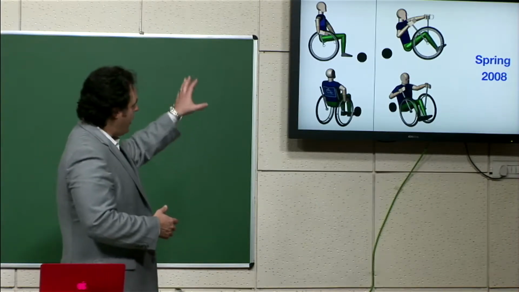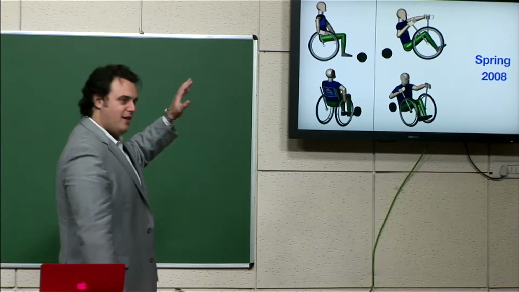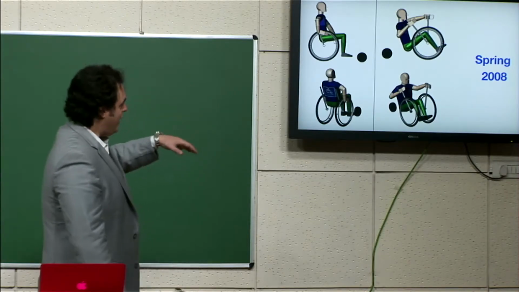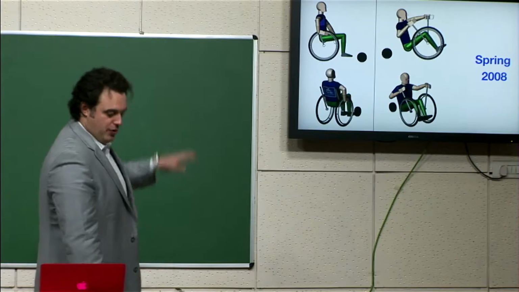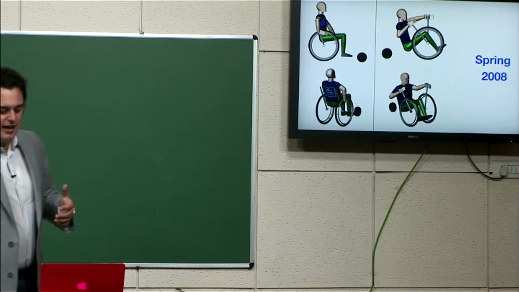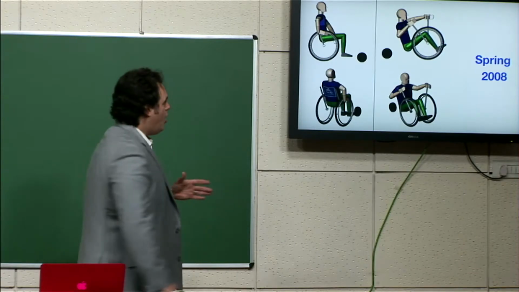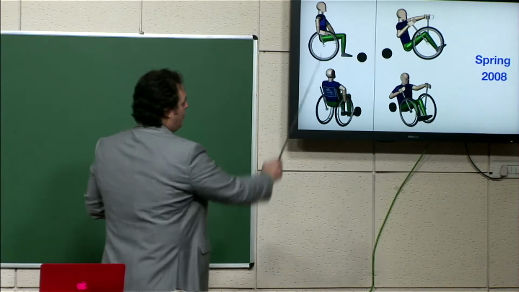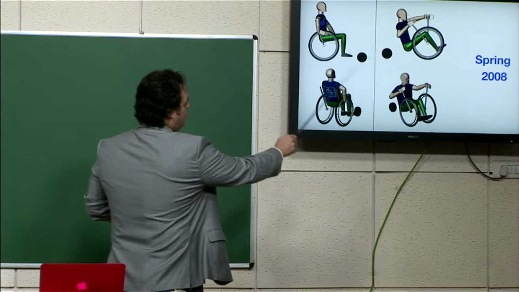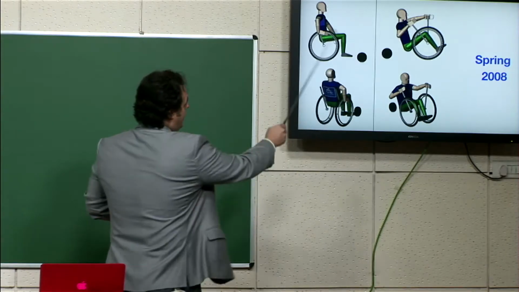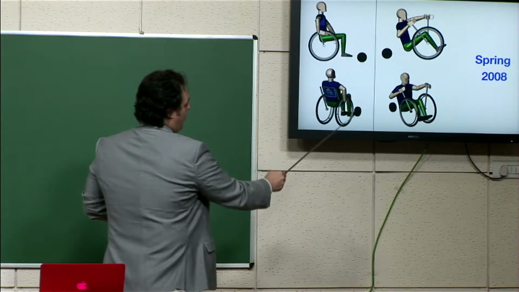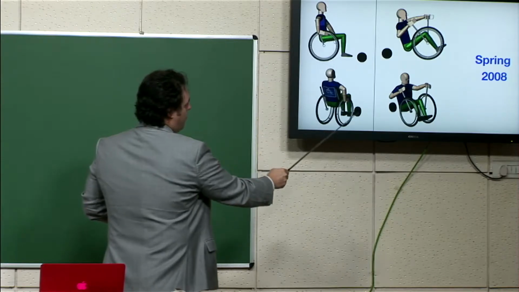I'm just showing the person, this would be a top-down view of the device and the person's interaction with the wheelchair. At this time, we were thinking that the wheelchair would have two configurations. One would be regular wheelchair mode, where you just grab the push rims and push yourself like a regular wheelchair, with a big wheel in front, a big wheel in back, and a small wheel in front.